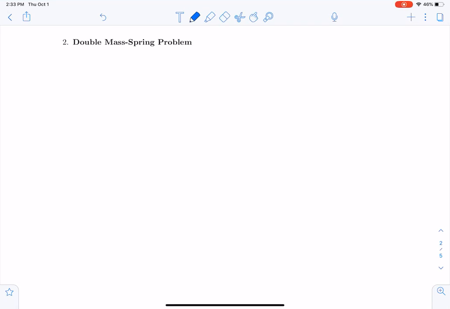Another linear system that I would like to introduce is the double mass spring problem. So what I want to imagine is that I have a mass that's attached to the ceiling maybe by a spring. And the spring constant we're going to call k1.